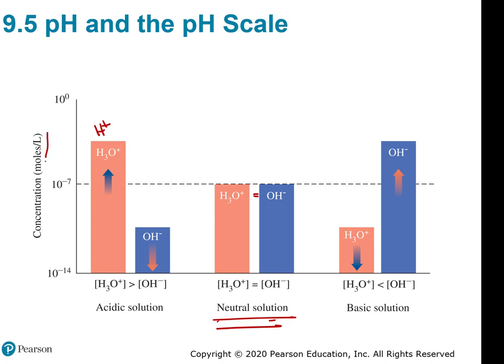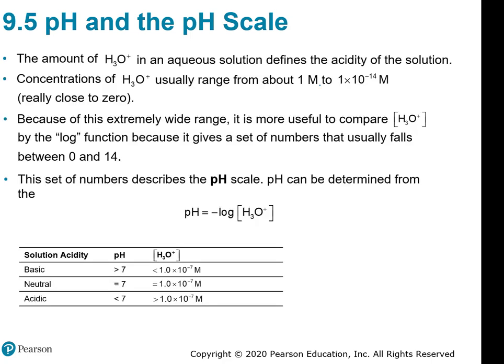So then they started looking at relative concentration. The higher the concentration, the more hydrogen ions you have, or the more hydroxide ions you have, the stronger the acid or base is, the more ions you make. And they said, well, in water, in H2O, it has 1 × 10 to the -7th molar H3O plus.